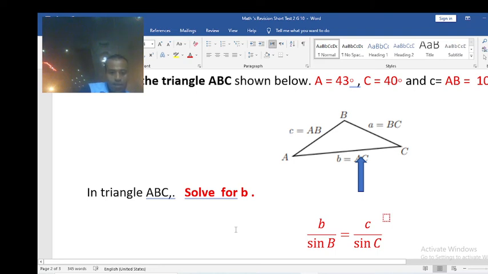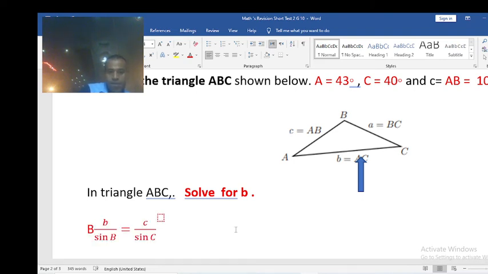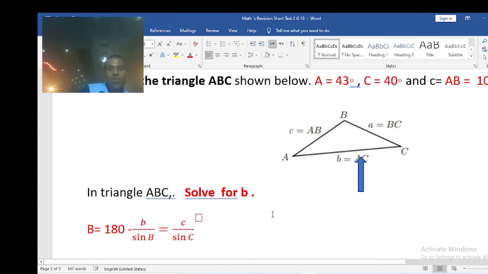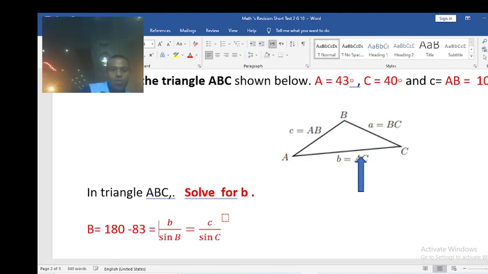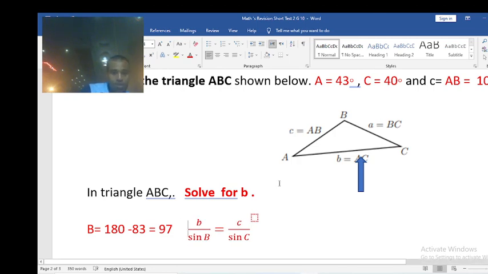The angle b is equal to 180 degree minus the total of these two angles, which is 83, which is equal to 97 degree. So substitution now.